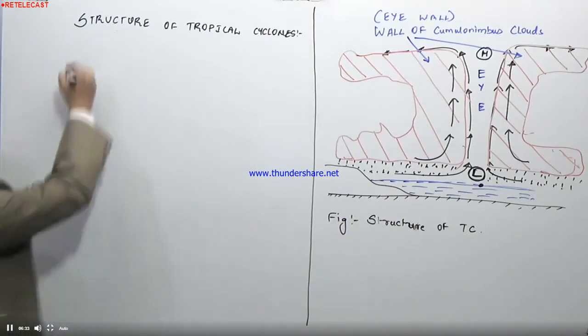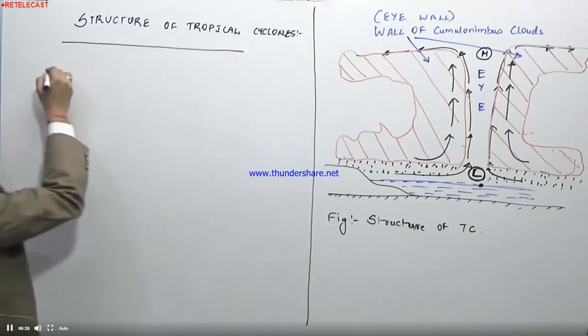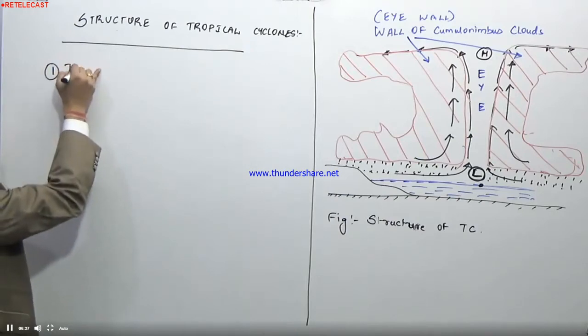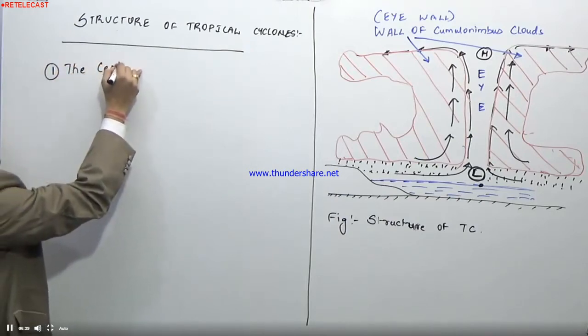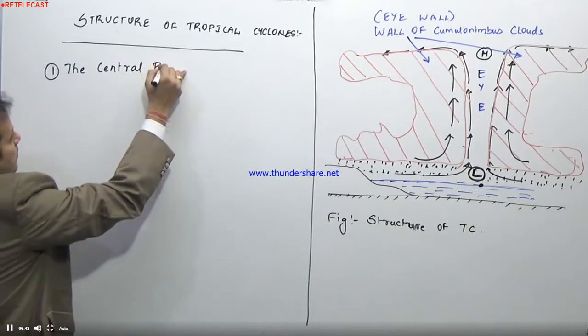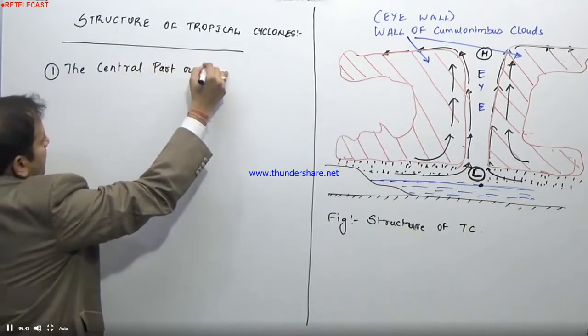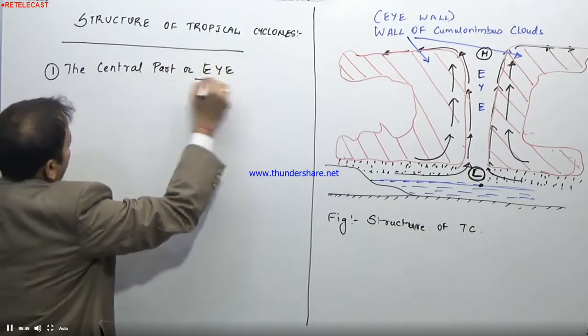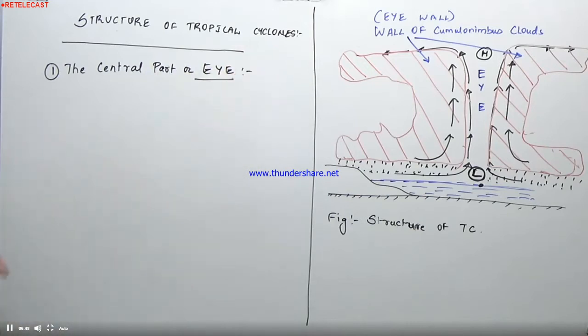The structure of a tropical cyclone consists of first the central core or the eye of a cyclone. What does this eye consist of?